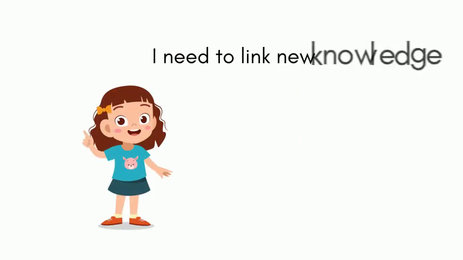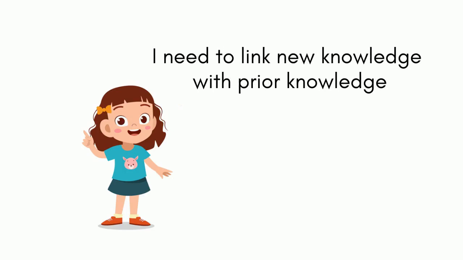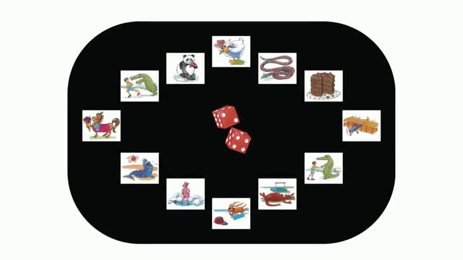It also means that we need to do lots of activities where the children are combining new knowledge with old knowledge. For example, when playing the card racetrack game that I discussed in the previous video, I will often play with a long racetrack.